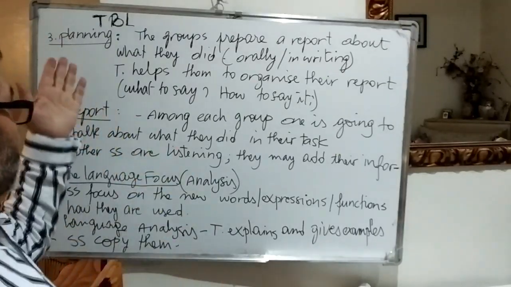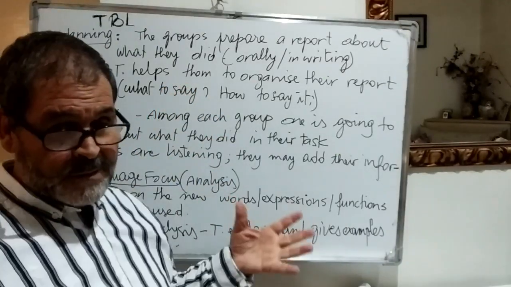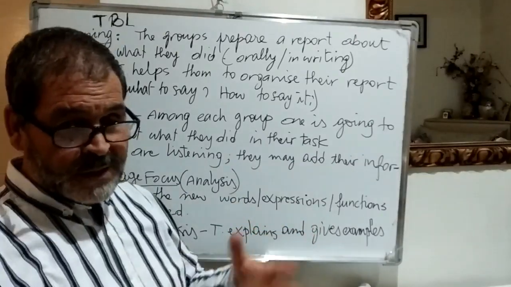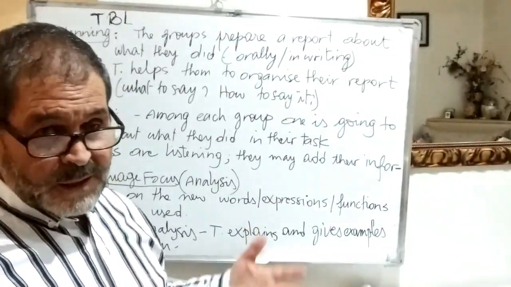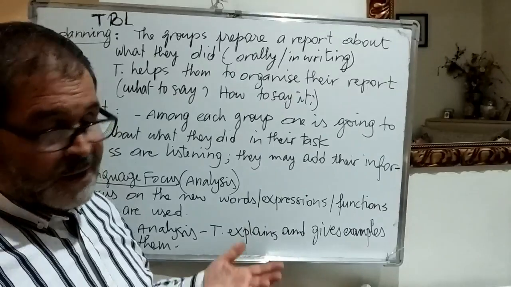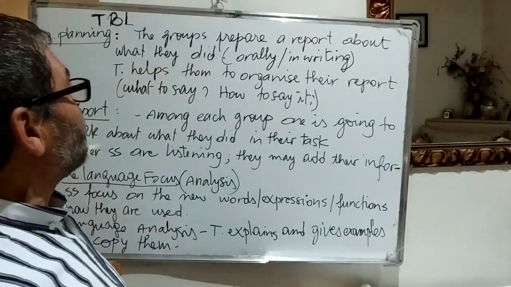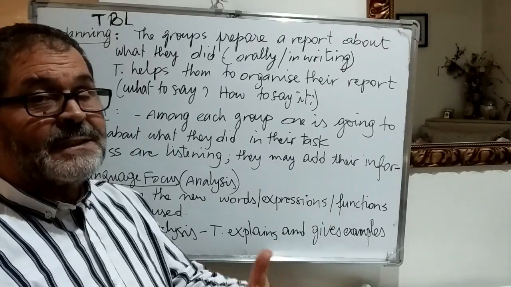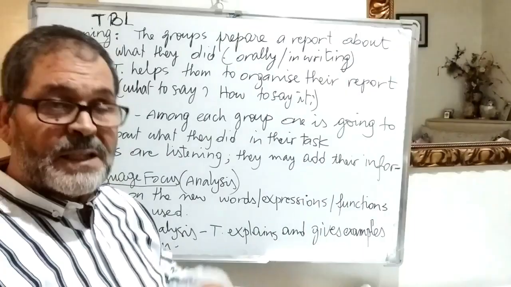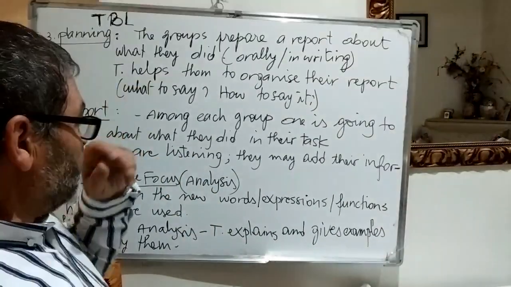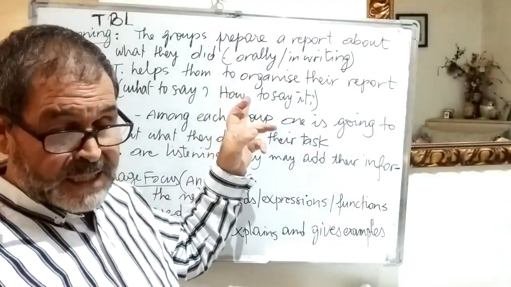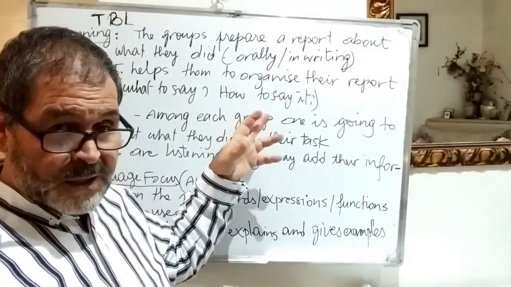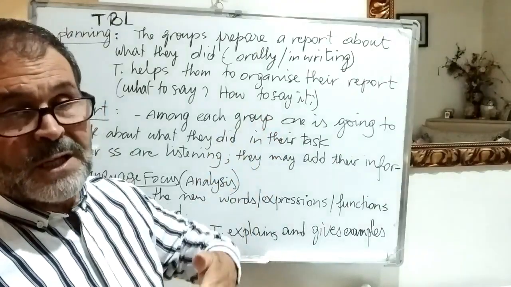So in planning, we are going to divide the groups into 5 or 6, depending on the classroom. So the groups prepare a report about what they did in their task. And they are making a report either orally or in writing.